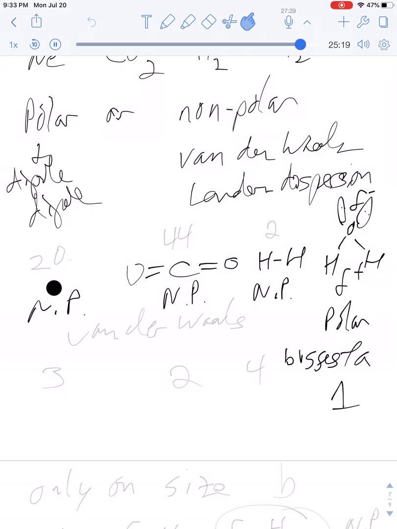The rest of these are nonpolar, so the rest of these are all dealing with van der Waals forces. So then you're going to look at the mass of the molecule. Hydrogen has a weight of 2, carbon dioxide a weight of 44, and neon a weight of 20.